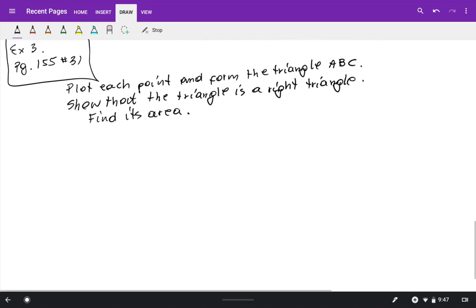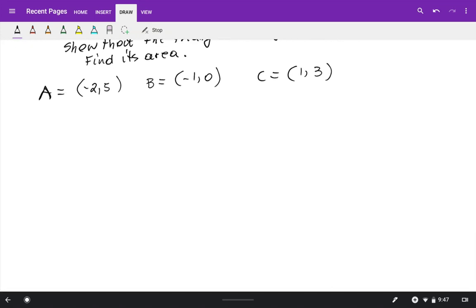So in this problem, they give you point A, which is negative 2 comma 5. They give you point B, which has coordinates negative 1 comma 0, and point C, which has coordinates 1 comma 3. So first we need to create a coordinate plane.